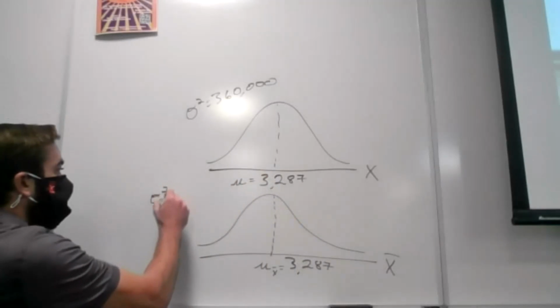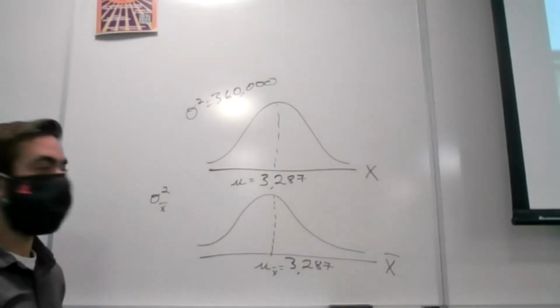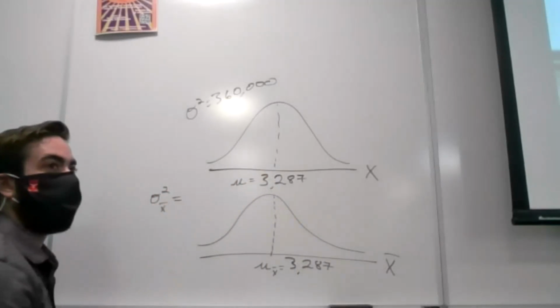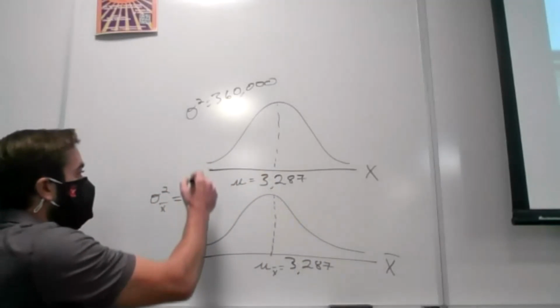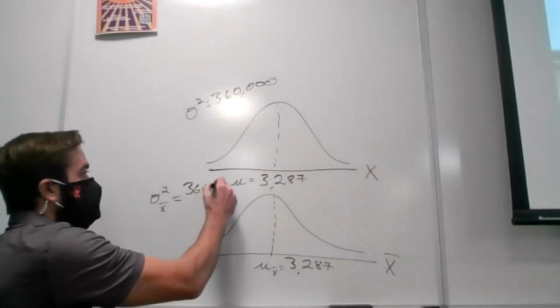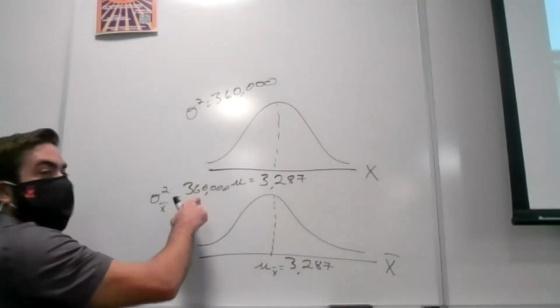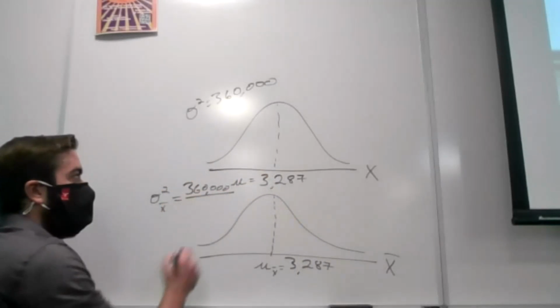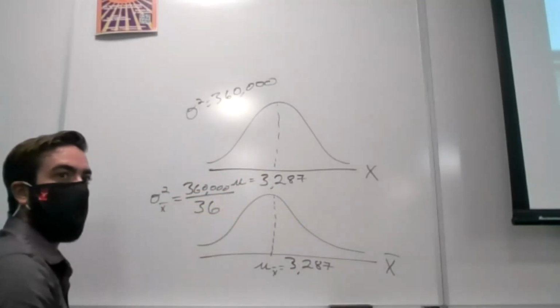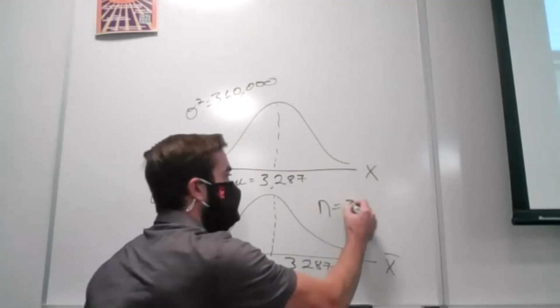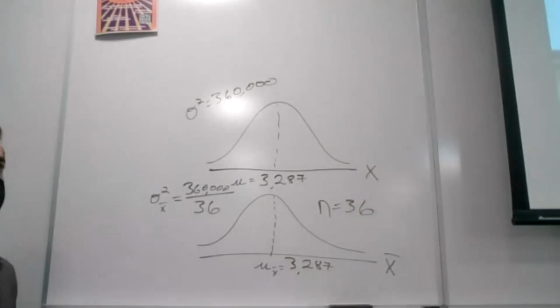Now the variance on those sample means, we had that equation, is going to be the variance of the data I sampled from divided by our sample size. And just to recall from the slides, our sample size was 36.